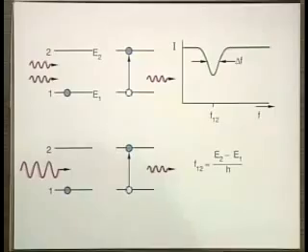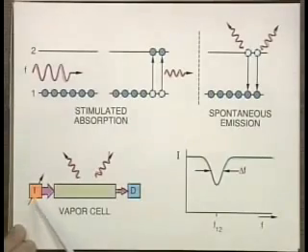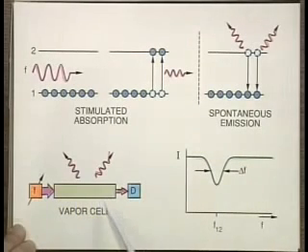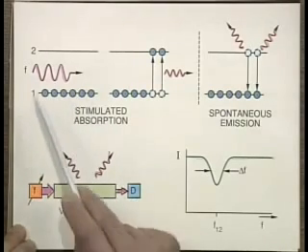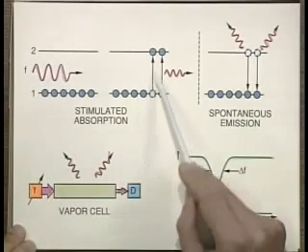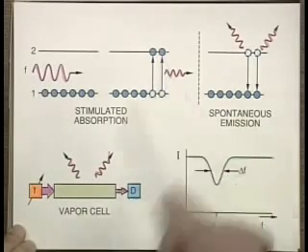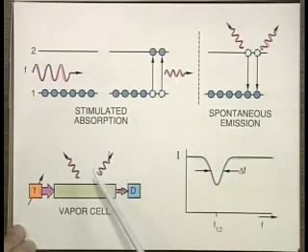Now, if you don't believe me, you can do an experiment, and here is how you might do it. You take this variable wavelength light source and send it into a vapor cell, and you put a detector at the other end. You now have lots of atoms or molecules. You send the light in, and some of them are going to be excited into the excited state, and the light is reduced.